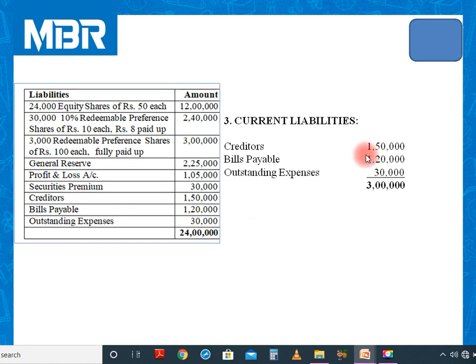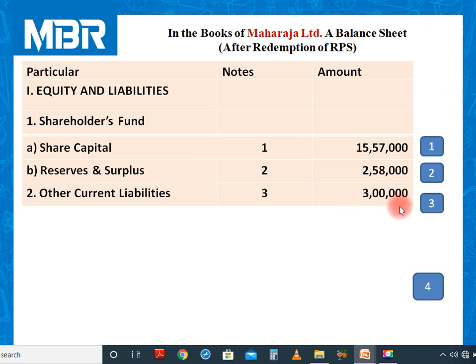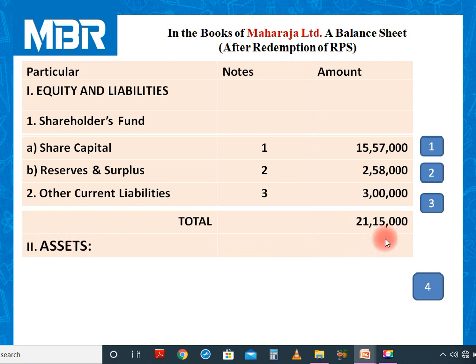So 30,000. 1,50,000 for creditors, 1,20,000 for bills payable, and outstanding expenses for rupees 30,000, and the total of current liability is rupees 3 lakhs. So it is also clear in note number 3. So total of equity and liabilities is 21,15,000.